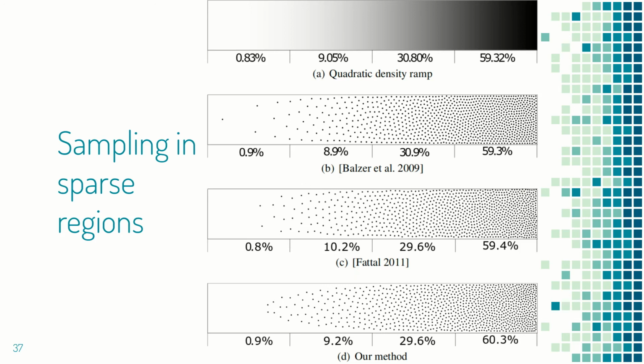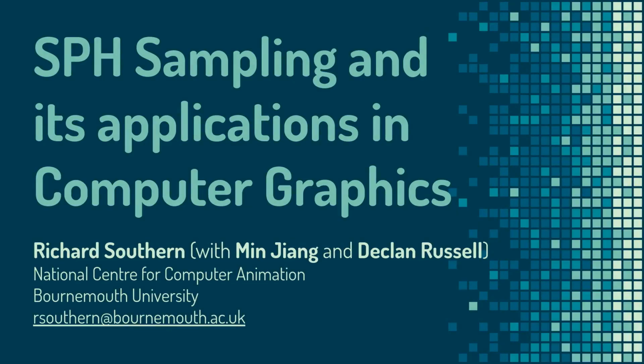The figure down at the bottom shows the behavior around very sparsely populated regions, and you can see it converges towards a tip, whereas some of the other methods would have an even distribution all the way out to the end when the density function evaluates to very low density. So it is very difficult to deal with extremely sparse regions with SPH sampling. So that is another concern.